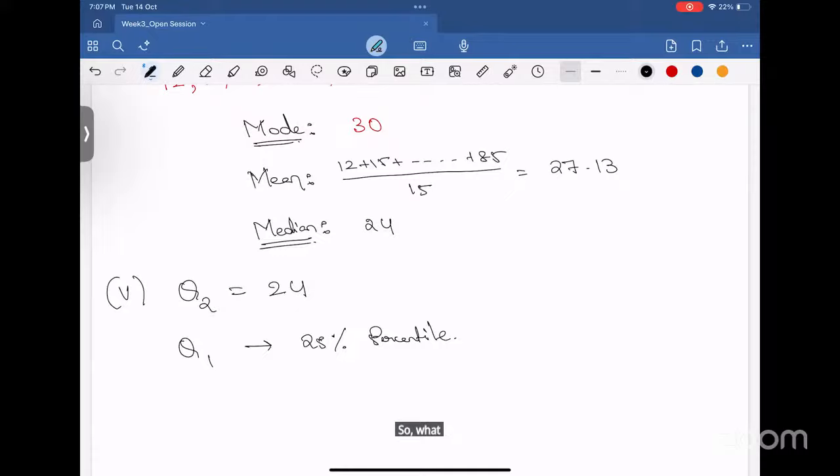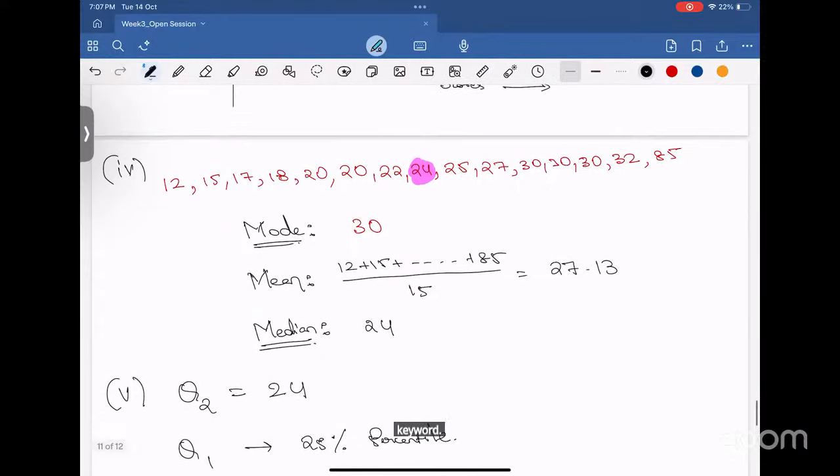So what does it mean? At least 25% of the data should be lesser than Q1, right? So you have 15 data points. If you compute 25% of the 15 data points, what do you think it will be?